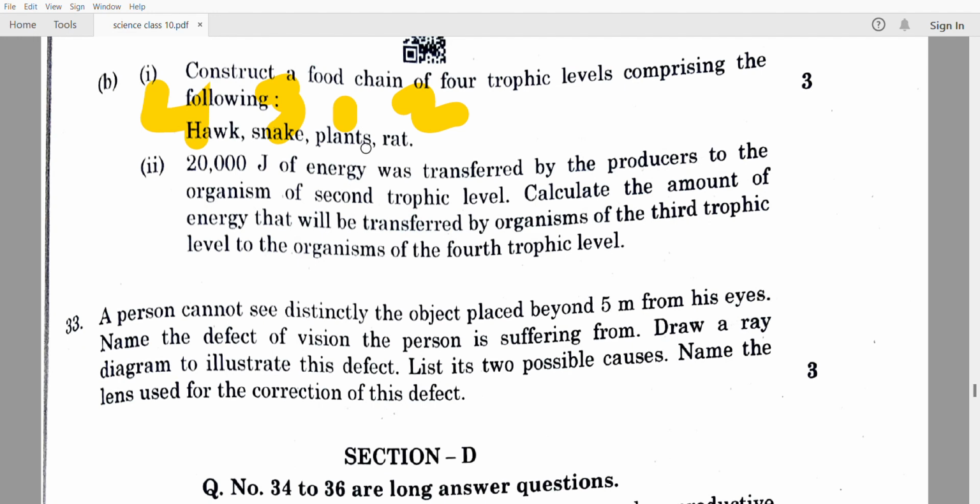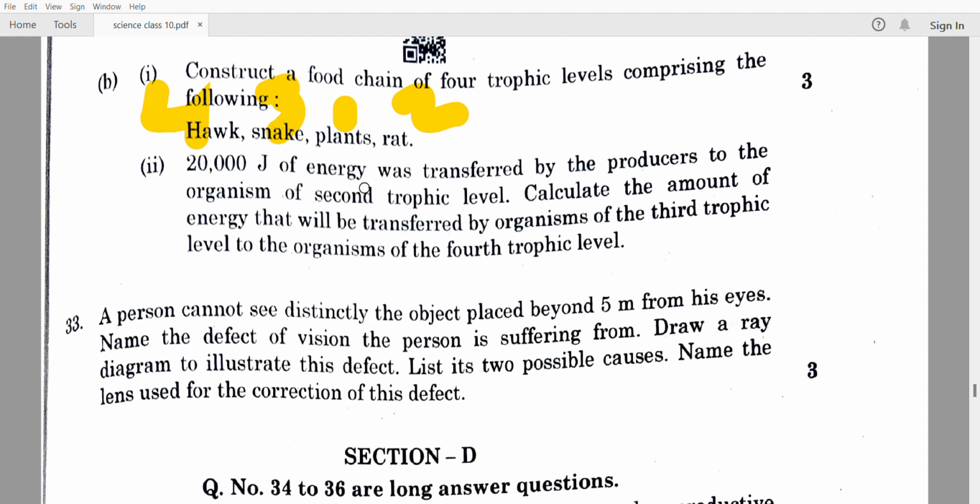20,000 joules of energy was transferred by the producer to the organism of the second trophic level. Remember, 20,000 of energy was transferred by the producers. Producers have 20,000. The primary consumers will get 10% of that, that is 2,000. So in that 10% means 200 joules will go to the next trophic level. Calculate the amount of energy that will be transferred by the organism of the third trophic level to the organism of the fourth trophic level. Okay, third to fourth you have to calculate.